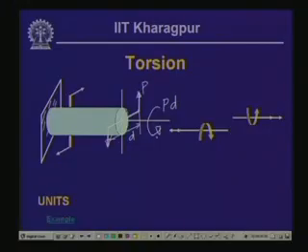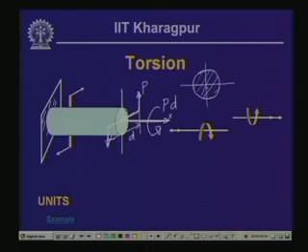Now, this moment is acting about the axis which is perpendicular to the cross section. If we call this our x axis, it is acting about the x axis, the other two axes being the y axis and the z axis. Now, when a member is subjected to a moment about the axis which is normal to the cross section, let us say this is the cross section of the bar and this is the axis system in the plane of the cross section.